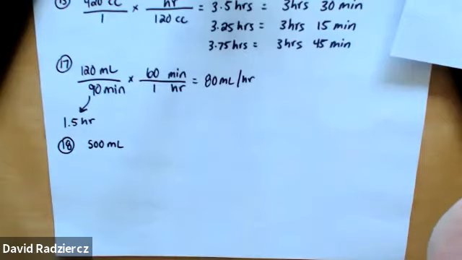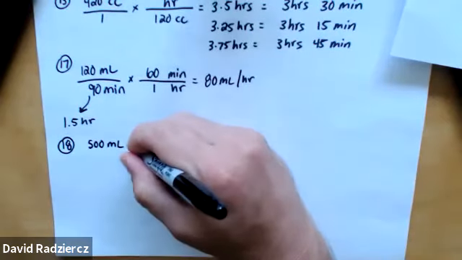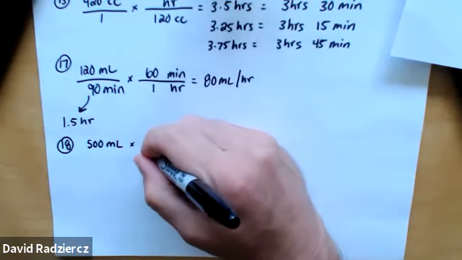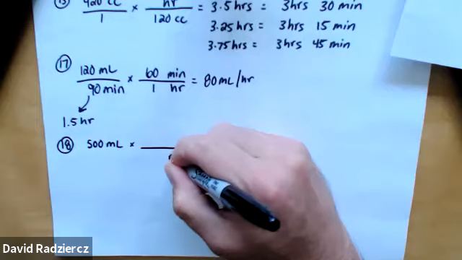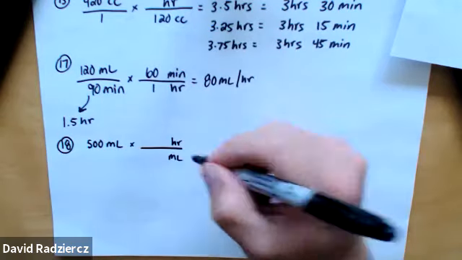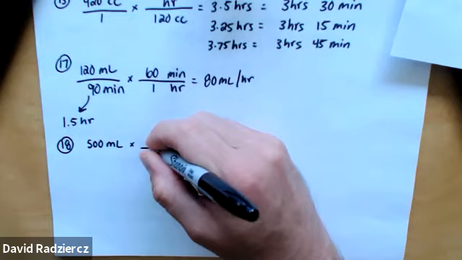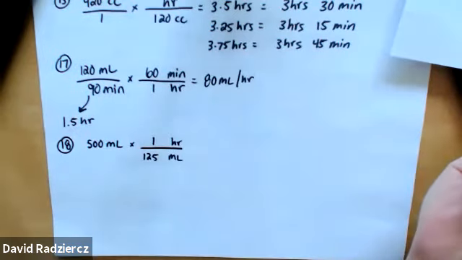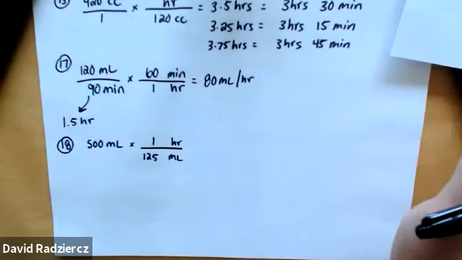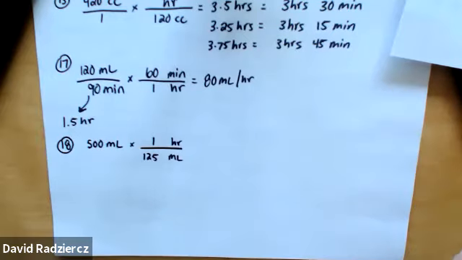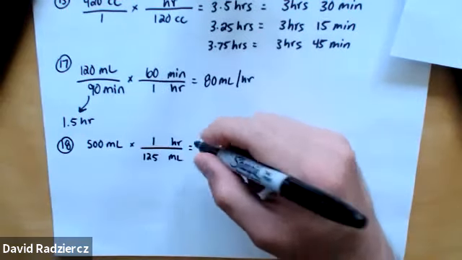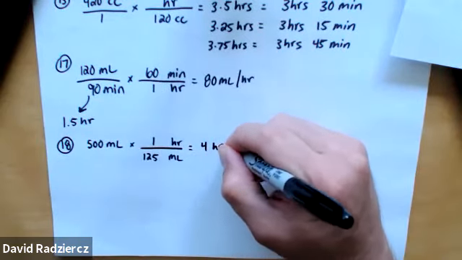In order to calculate the infusion time, I'm just going to use dimensional analysis. I can convert milliliters to hours because I know that the infusion rate is 125 milliliters per hour. If you just took 500 divided by 125, you're doing exactly the same thing I'm doing. I'm just writing it out differently. You set it up the same way. This infusion will take 4 hours.